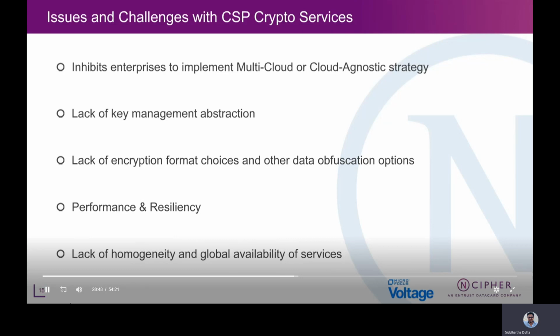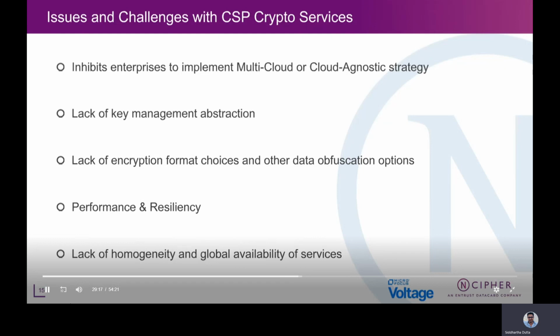Lack of encryption format choices, another data obfuscation option. To elaborate on that, you don't see anything more than standard AES 256-bit encryption with CBC mode across any of these. Google is probably one exception with their DLP product offering format-preserving encryption, but again, it's restricted to doing data encryption while keeping the format and length.